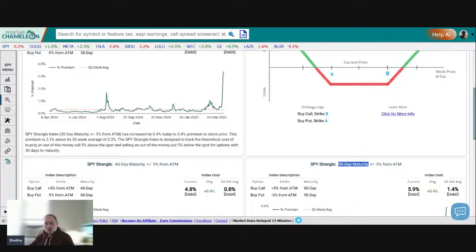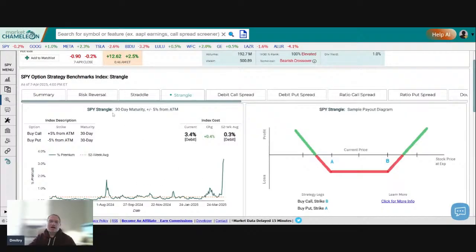So these are quick ways to assess this particular strategy, the strangle, by using benchmarks. Because, looking at the options chain, you're not going to get that insight. You kind of need to perform this analysis and keep track of it.